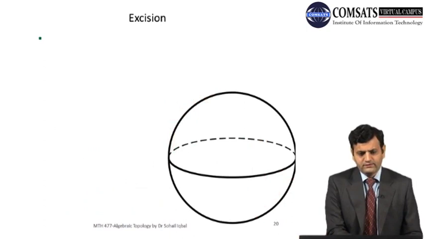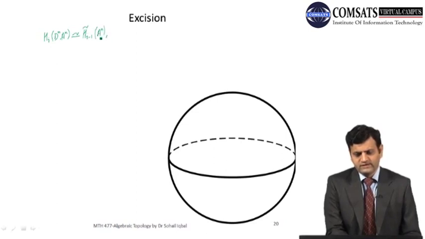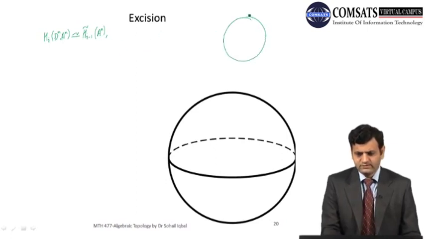Now, if Hi(Dn, An) is isomorphic to the reduced Hi minus 1(An), let's see what the space An is. Once again consider the two-dimensional case.